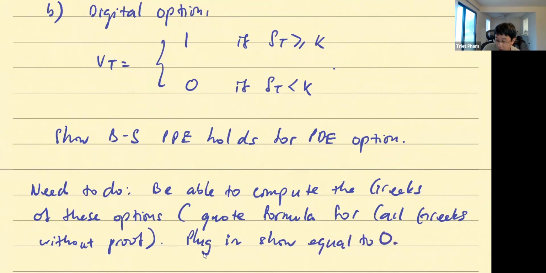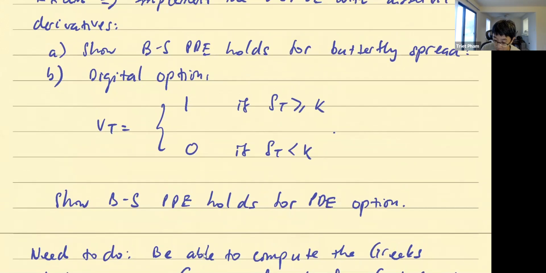I'm going to ask you to be responsible at the computational level to check that the Black-Scholes PDE holds for these things. And of course, you have access to the call option Greeks without proof. So all you have to do is to relate the call option Greeks with these instruments in some way, and then show that it holds.